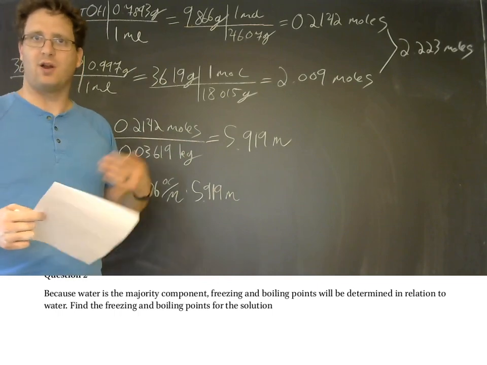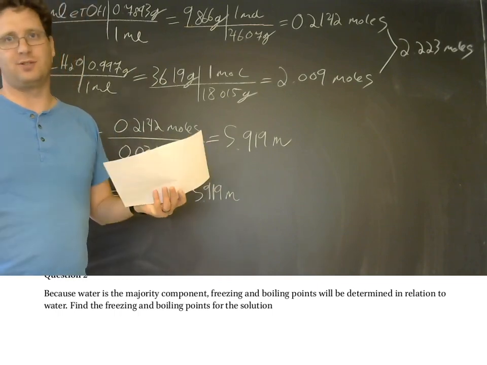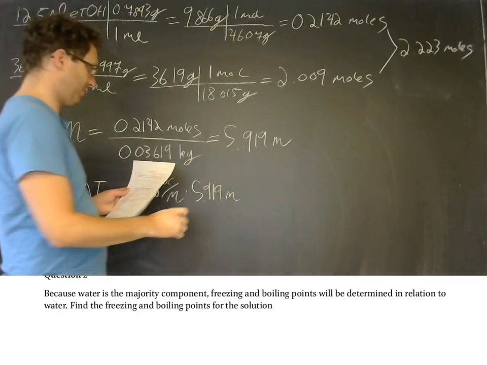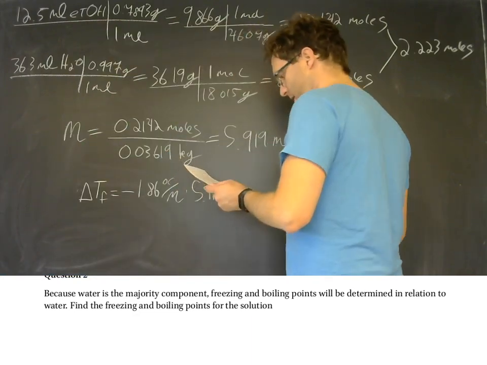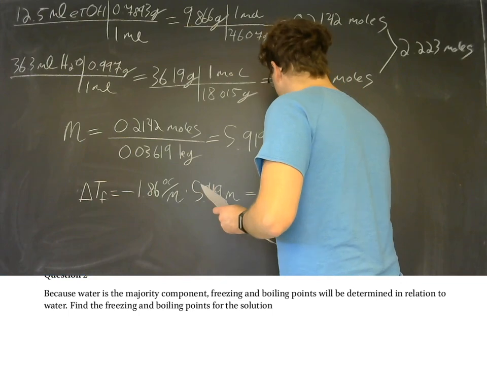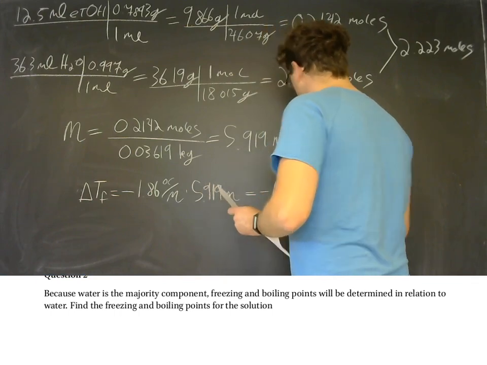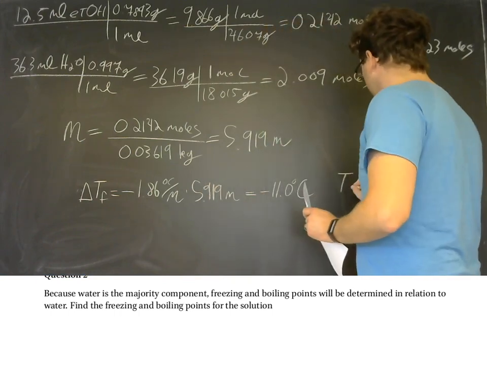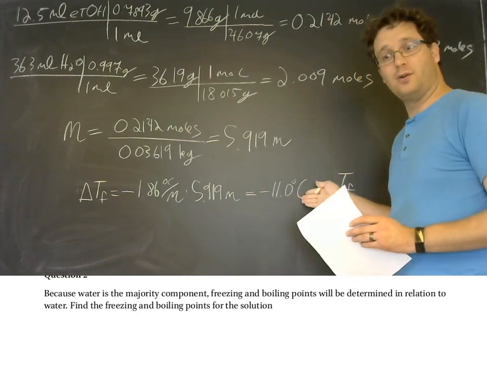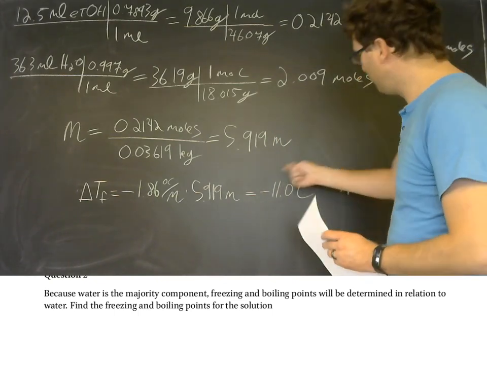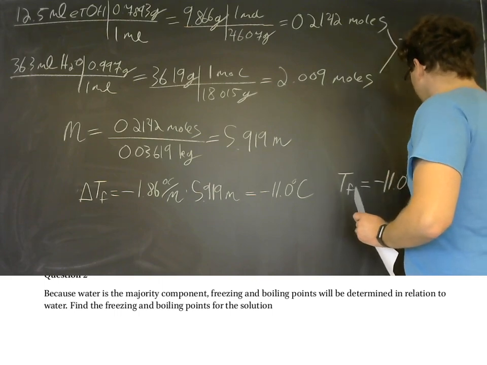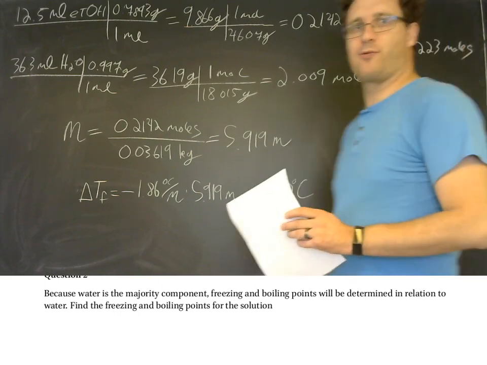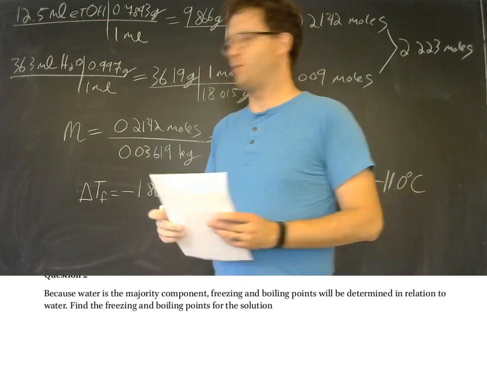Ethanol is a non-electrolyte, so we don't need to do anything more complicated at this point. So delta TF is going to end up being negative 11.0 degrees Celsius. And so TF is the normal freezing point of 0 minus 11. That's going to equal negative 11.0 degrees Celsius. This will freeze at a much lower temperature than normal.